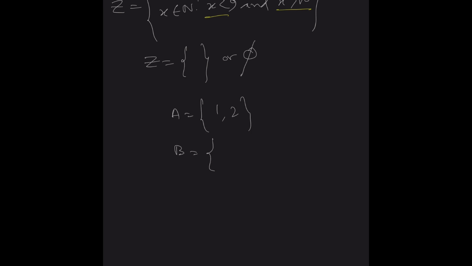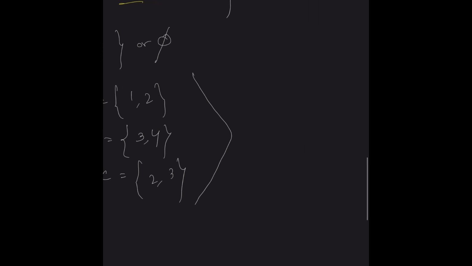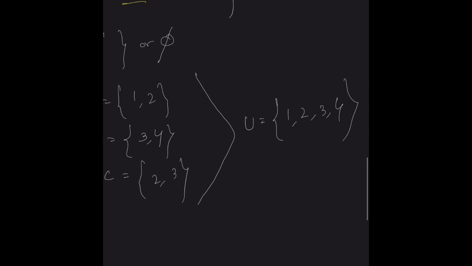B is another set that consists of 3, 4. C is a set that consists of 2, 3. We can write a universal set U as a set of 1, 2, 3, 4. So let's see that this set consists of all the sets.